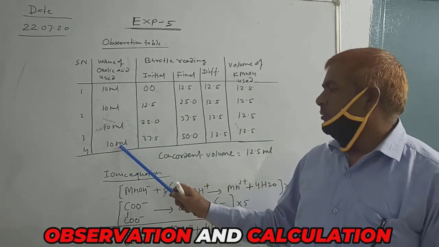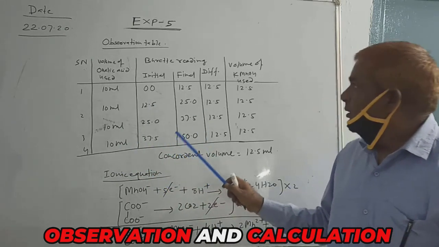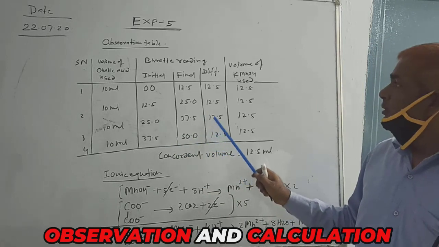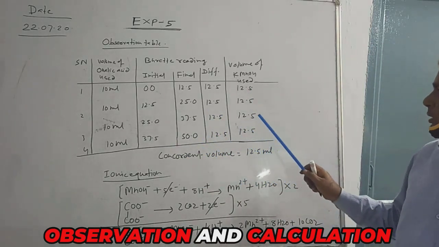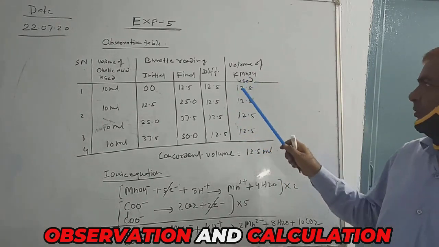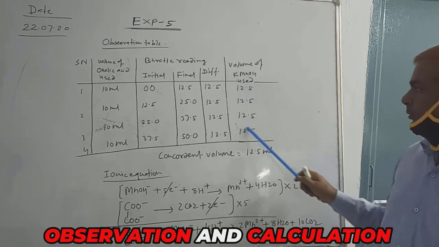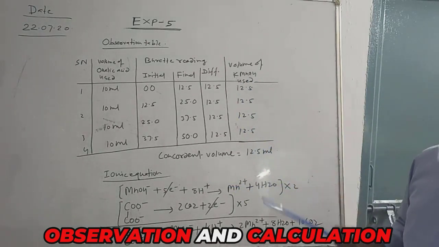Fourth observation, 10 ml, initial 37.5, final 50.0, difference 12.5, volume of chemical 12.5. It means all four readings observed during the experiment are 12.5. So 12.5 is the concordant volume.